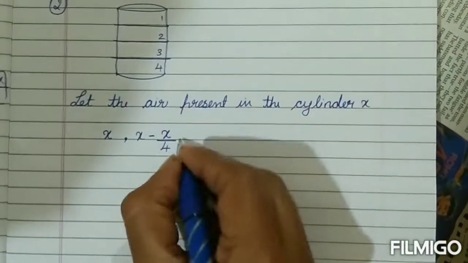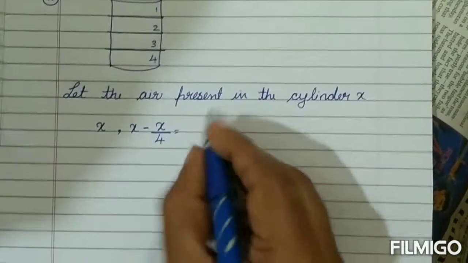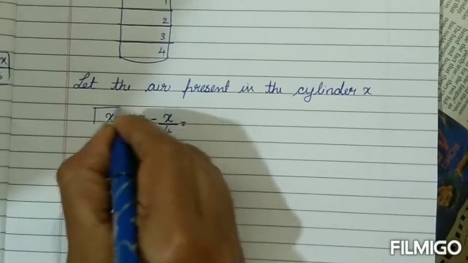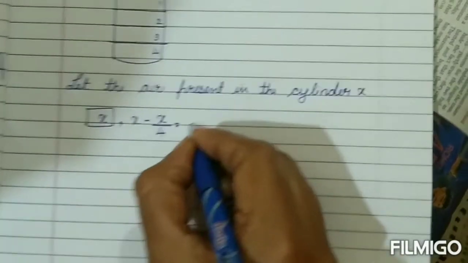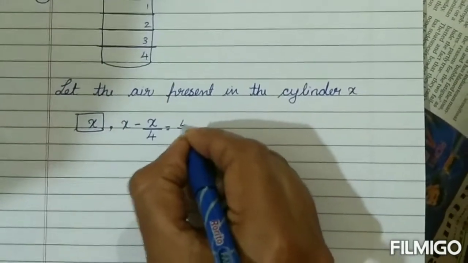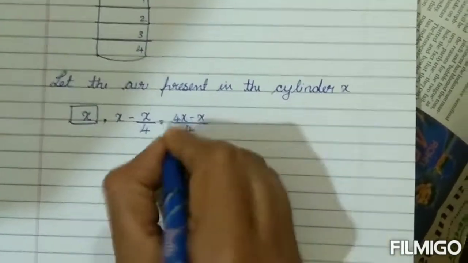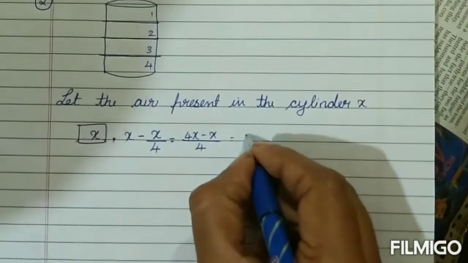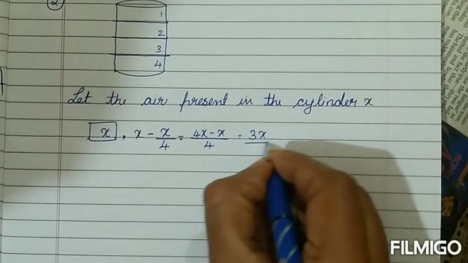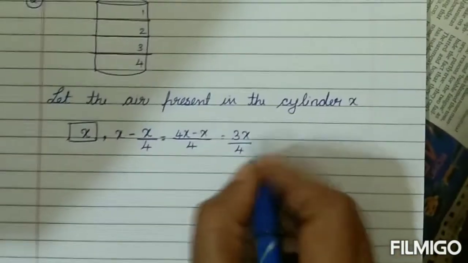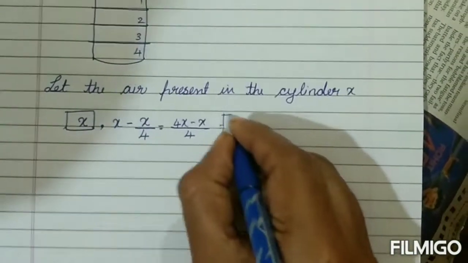You take out the LCM, which is 4. You know the LCM very well, I am not explaining. So 4x minus x is 3x, giving 3x divided by 4. So you got the second term.